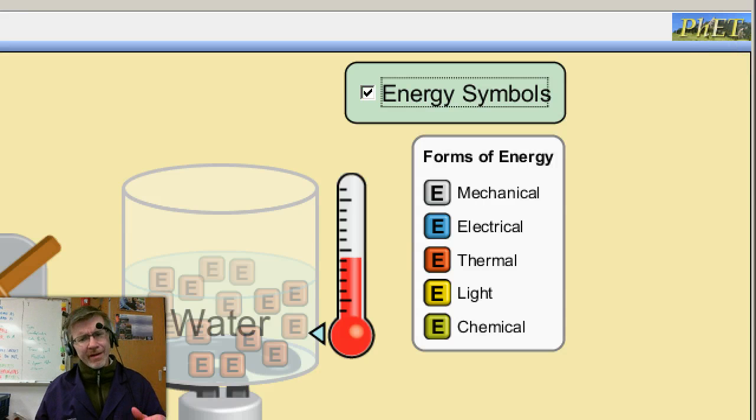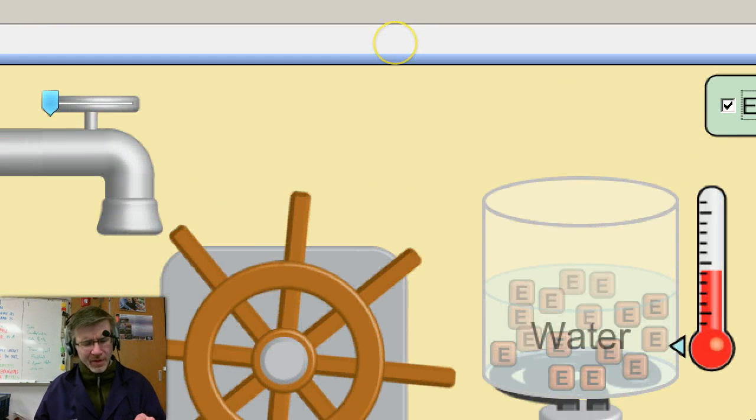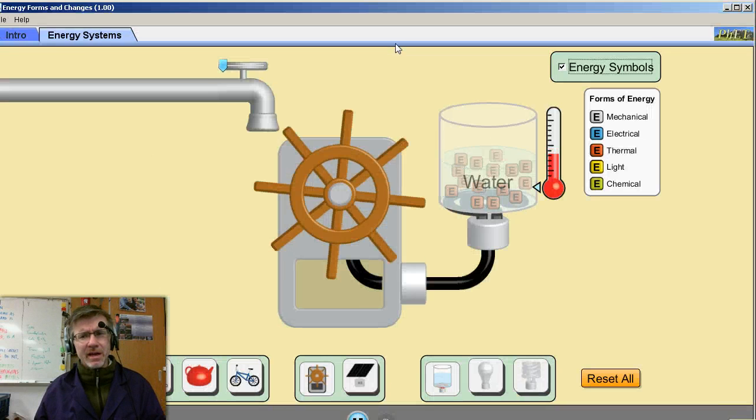I have 5 basic types of energy. There's mechanical energy, kind of grayish, electrical energy, blue, thermal, kind of red, light energy, yellow, and chemical energy, kind of green. We're not talking about energy in this video, but it might help us see what things are happening when I turn on this water.